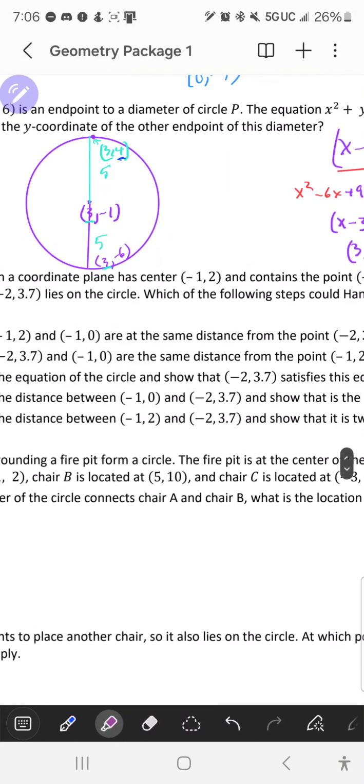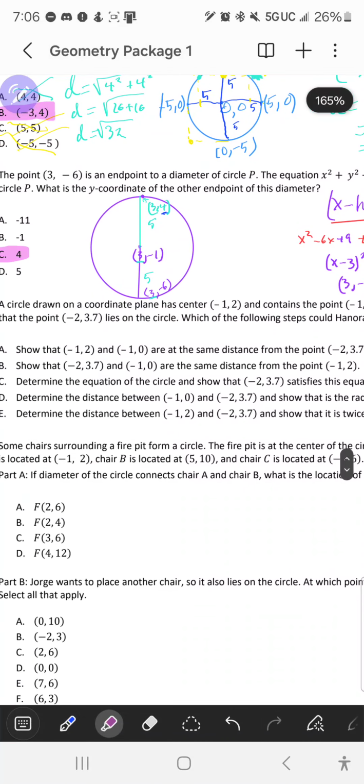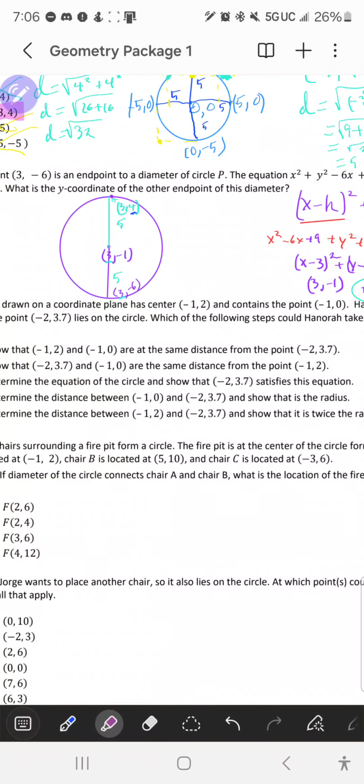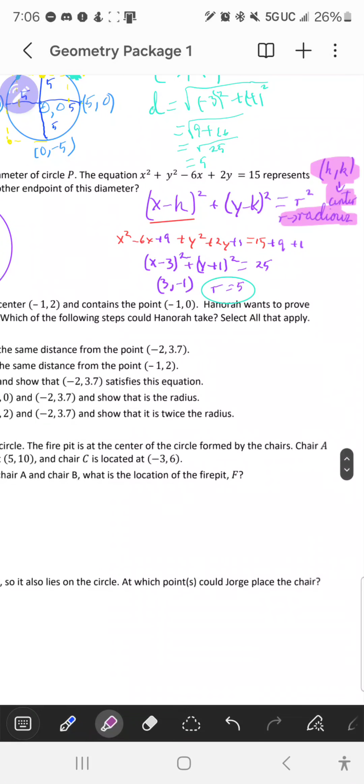Now, if you are having problems, I will actually draw. We know that the circle is drawn on a coordinate plane. Okay, center. Oops, I'm going to draw the circle. So this is the circle. This is the center, (-1, 2).